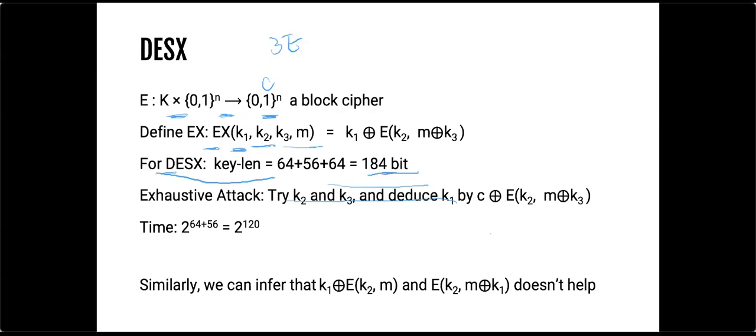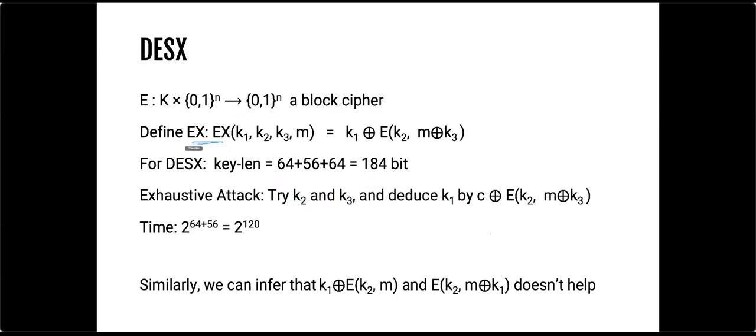We're designing the encryption again as a block cipher: given a plain text and the key, it encrypts the plain text to a ciphertext. And we define the encryption of DES-X as EX.